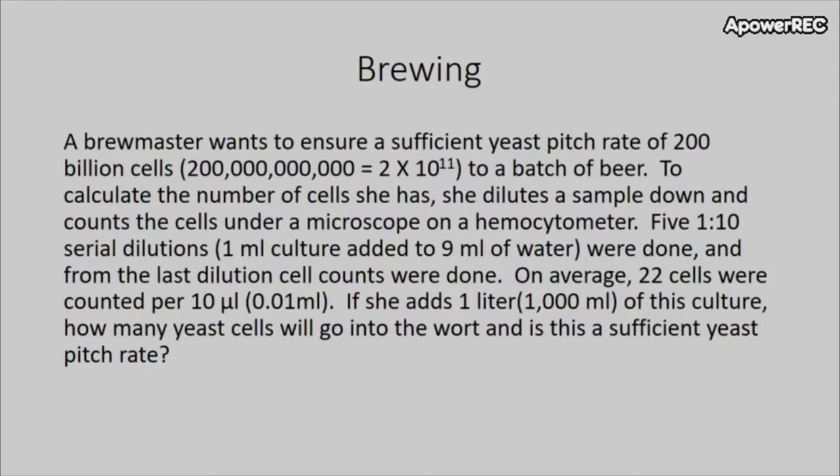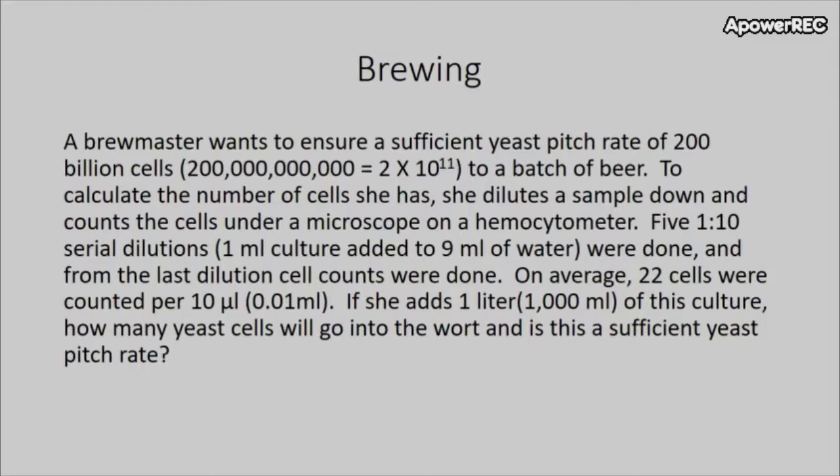On average, I suppose this particular counting happened several times to make sure it was reproducible, but on average there were 22 cells counted per 0.01 milliliters, which can also be called 10 microliters.